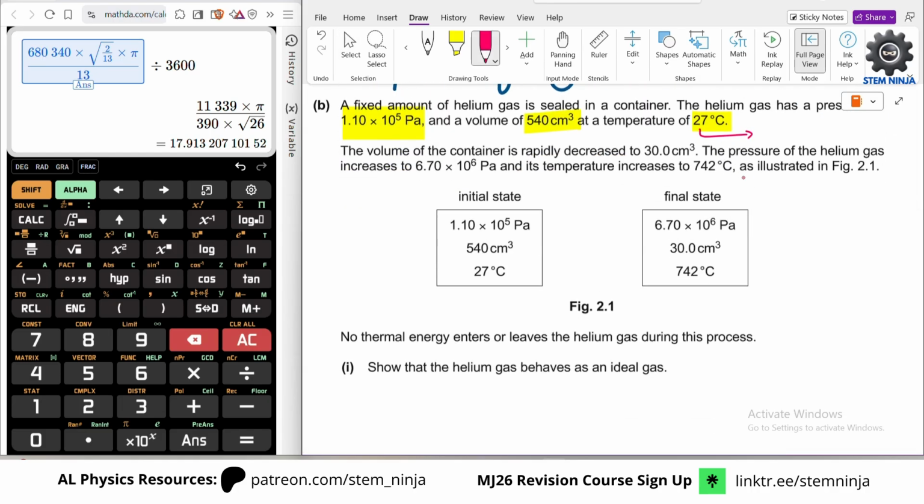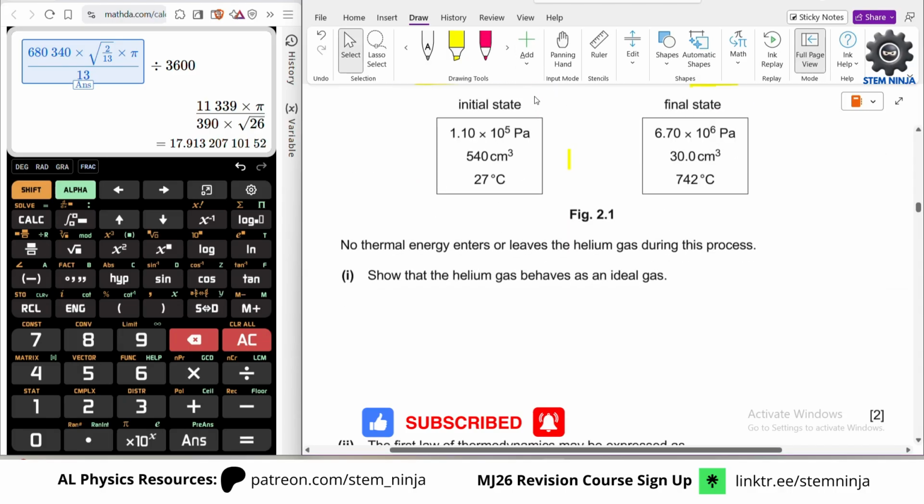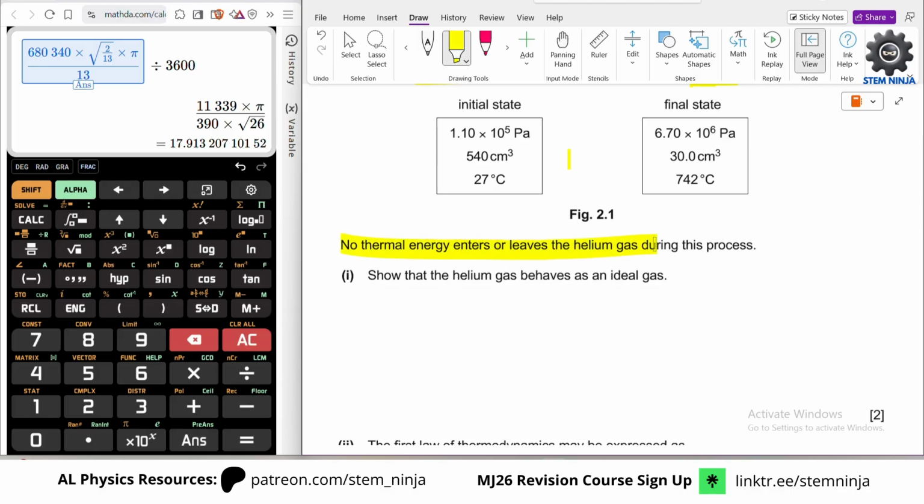The volume of the container is rapidly decreased to 30 centimeter cube. The pressure of the helium gas increases, and temperature increases to 742 degrees Celsius. No thermal energy enters or leaves the helium gas during this process. Show that the helium gas behaves as an ideal gas.